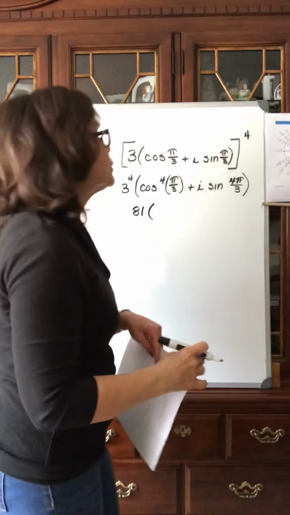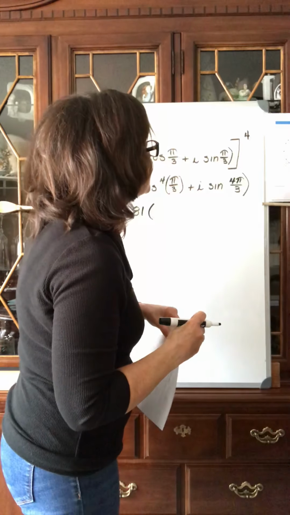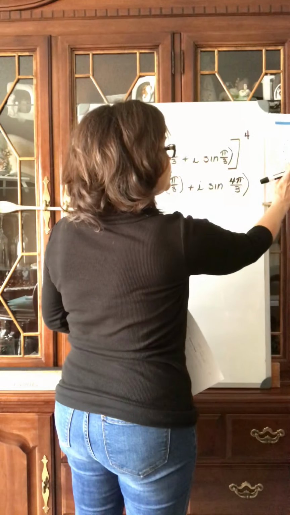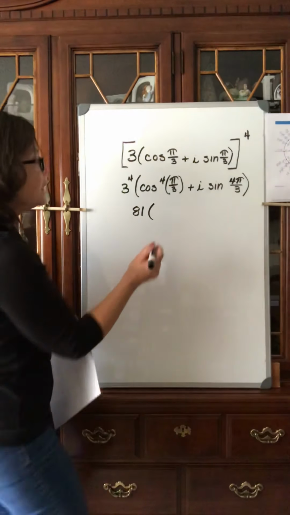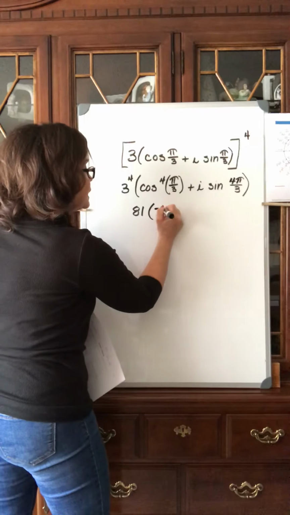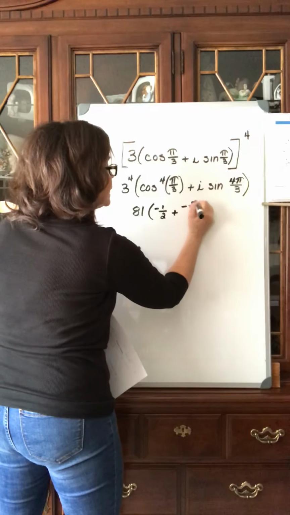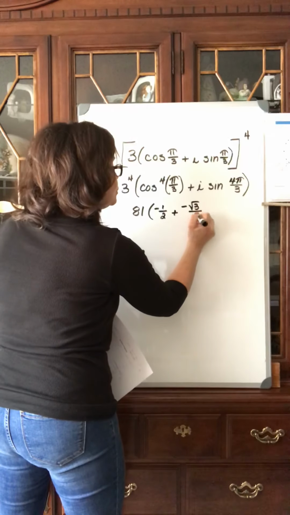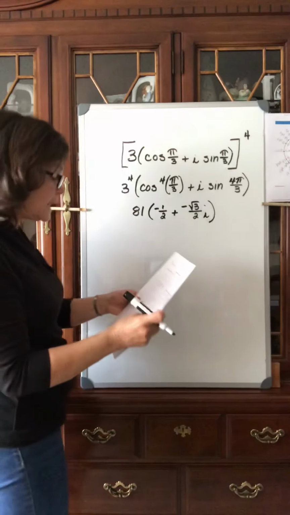Go to your unit circle. My unit circle is over here. I'm going to find 4 pi over 3. 4 pi over 3 is in quadrant 3. The coordinates are -1/2, negative radical 3 over 2. So the cosine is -1/2. The sine is negative radical 3 over 2. Don't drop the i. Distribute the 81.